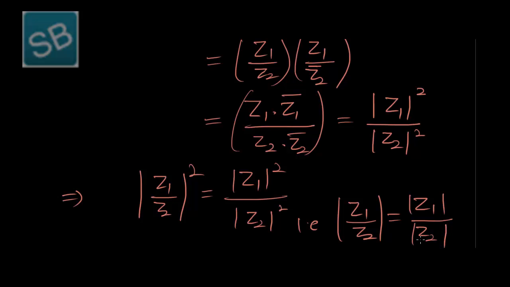That was our required result. So that was the property of the modulus of a complex number. The next property is discussed in the next lecture, that is mod z1 plus z2 whole square less than or equal to mod z1 plus z2.